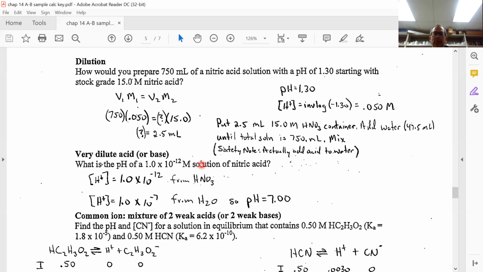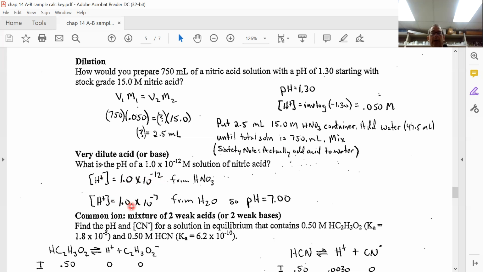Okay, what about a very dilute acid problem, which would also work for a base? Let's say I have some nitric acid, a strong acid, so the H plus is 1 times 10 to the negative 12. That would correspond to a pH of 12, or an OH minus of 1 times 10 to the negative second. Be careful. This is really, really dilute.